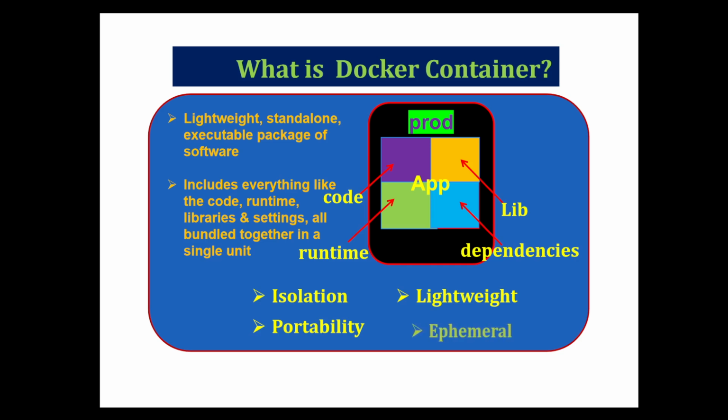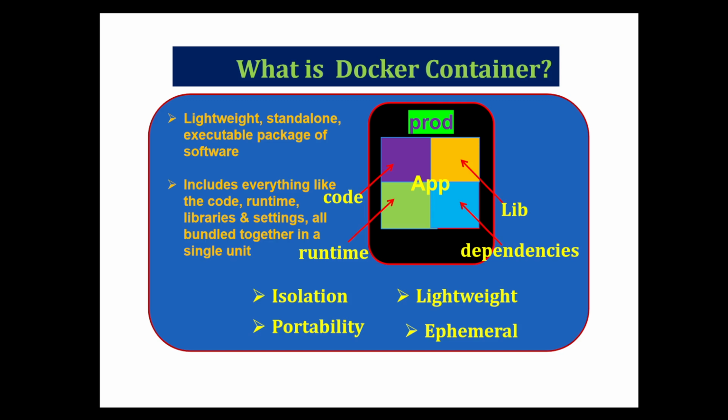The next important characteristic is ephemeral. Containers are designed to be short-lived and disposable. Once a container's task is done, it can be stopped and removed. Any data or state that needs to persist beyond the container's life cycle should be stored in a volume or external system.